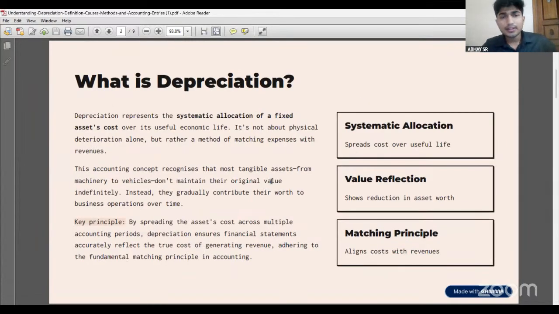So, what is depreciation? If you see in real life, the value of a certain asset we use in business is getting depleted over a period of time. If we read the definition, depreciation represents the systematic allocation of a fixed asset's cost over its useful economic life.